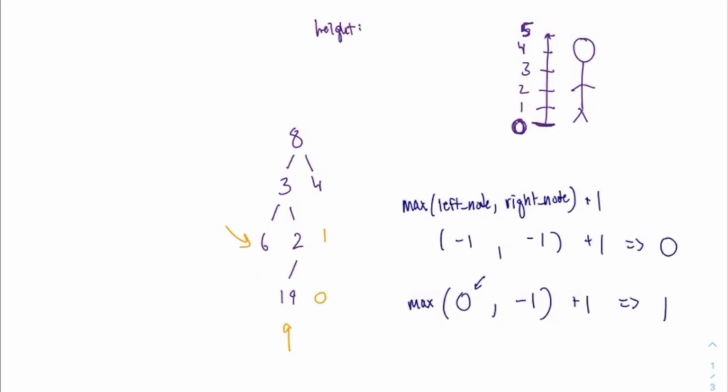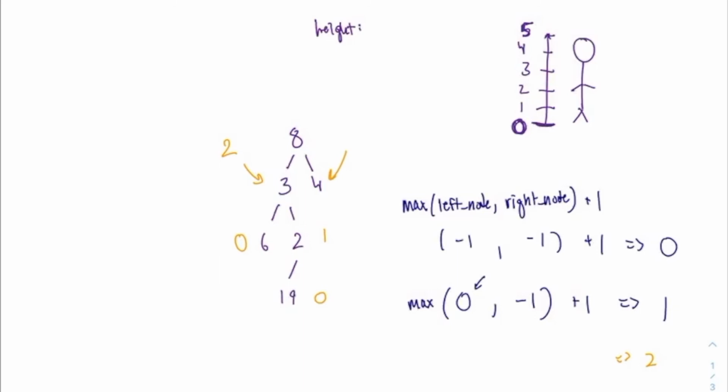So similarly to 19, we have 6 having a height of 0. Now 3 is the same way. Max of left node, which is 6, and right node, which is 2. They have heights of 0 and 1. So max of 0 and 1 is 1, plus 1 is 2. So 3 has a height of 2.